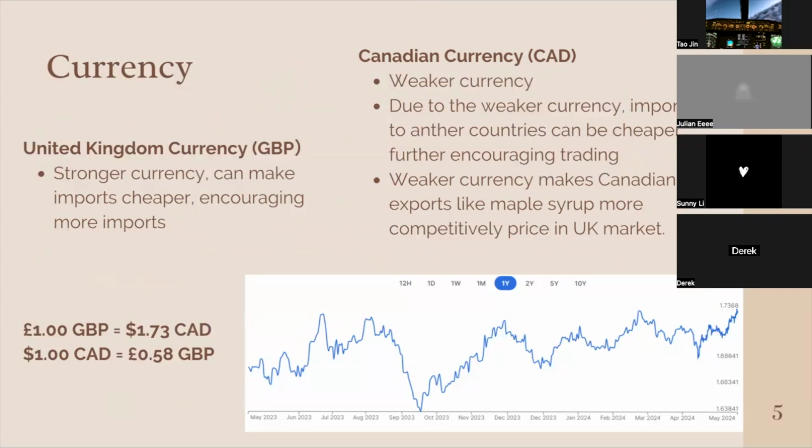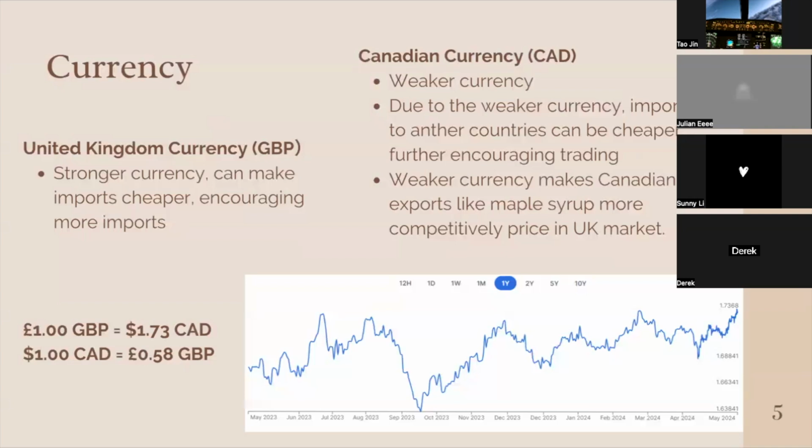So I'm now going to talk about the currency for the United Kingdom and Canada. Currently, the stronger currency is the United Kingdom currency, also known as GBP. This allows imports to be cheaper and encourages more imports. On the other hand, Canadian currency, also known as CAD, is currently weaker, and due to the weaker currency, imports to another country can be cheaper, further encouraging trade between countries.